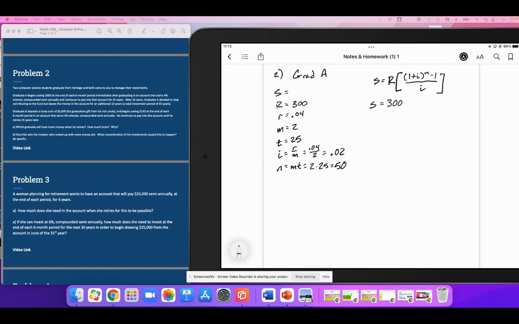So we got S equals 300 times 1 plus I, which is 0.02, to the power of n, which is 50, minus 1, over 0.02.